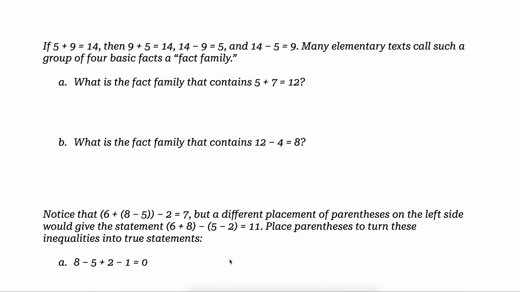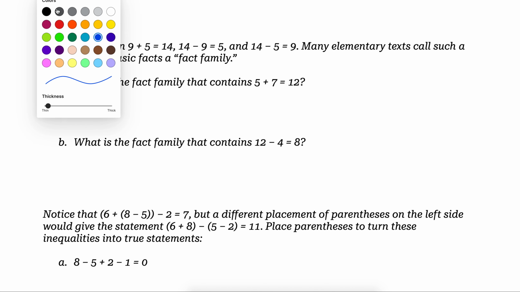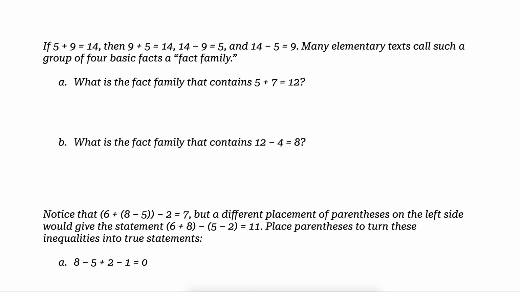On the last page, I want to talk really quickly about fact families, which you might be familiar with. So addition and subtraction are related. And so we can write our 2 addition and our 2 subtraction facts with a set of 3 numbers. We can write those as a fact family.